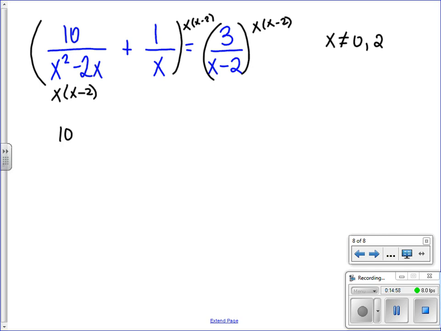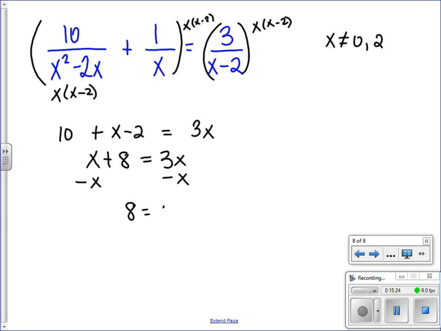What does that leave me right here? Alright, what does that leave me right here? Okay, so that's going to be, oh, 3x. Sorry. Alright, so x plus 8 equals 3x. And then what? Subtract x. 8 equals 2x.